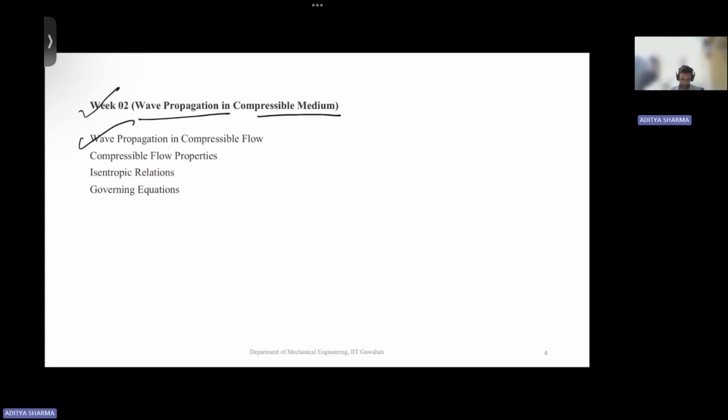Yes. So wave propagation in compressible flow. We learned this through the example of a piston. So we were taking a piston this way in a tube, and we were moving this piston in this direction, and this was going to give us a compression wave. So if we keep on moving this, it is going to give a series of compression waves, right?